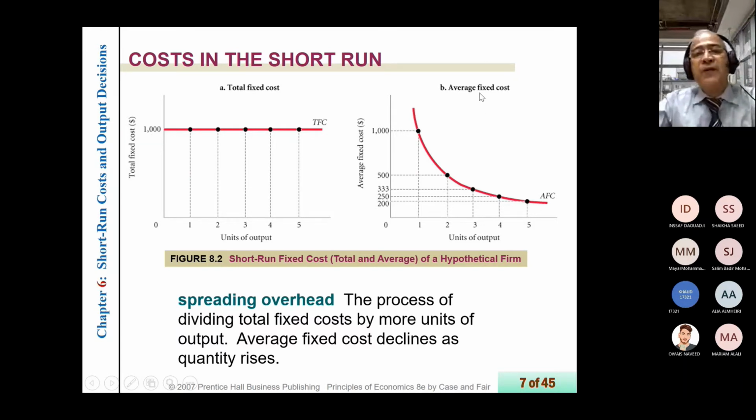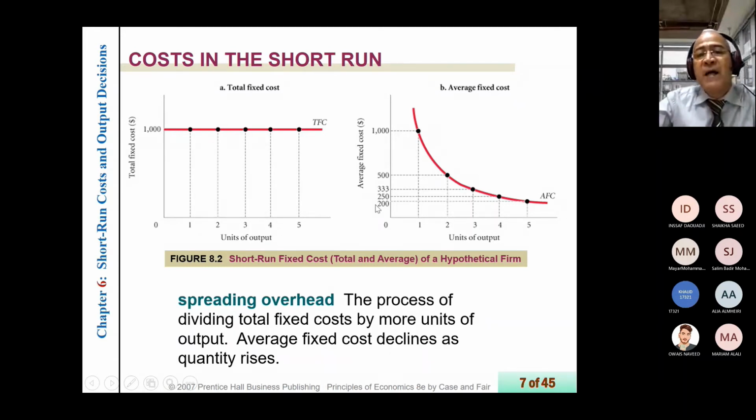While average fixed cost decreases as output increases. So here we put dollars and here we put output. Average fixed cost decreases as output increases, but it will never be 0.